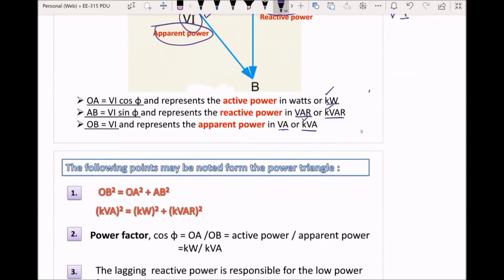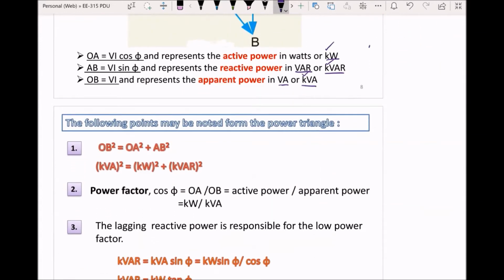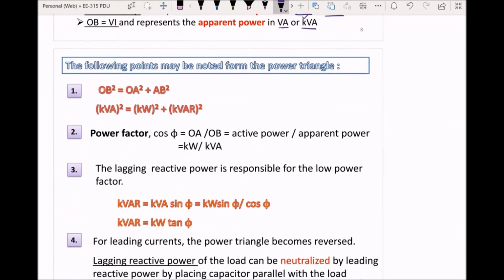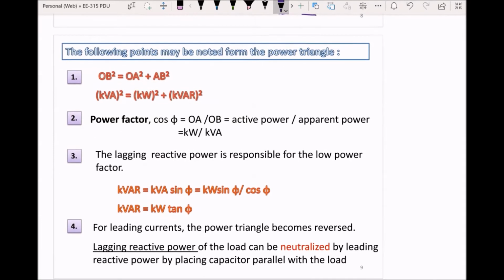Now, moving on from the triangle we just considered, there are some other points to note. Let me draw the diagram one more time. This was OA, this was AB, and this was angle phi.